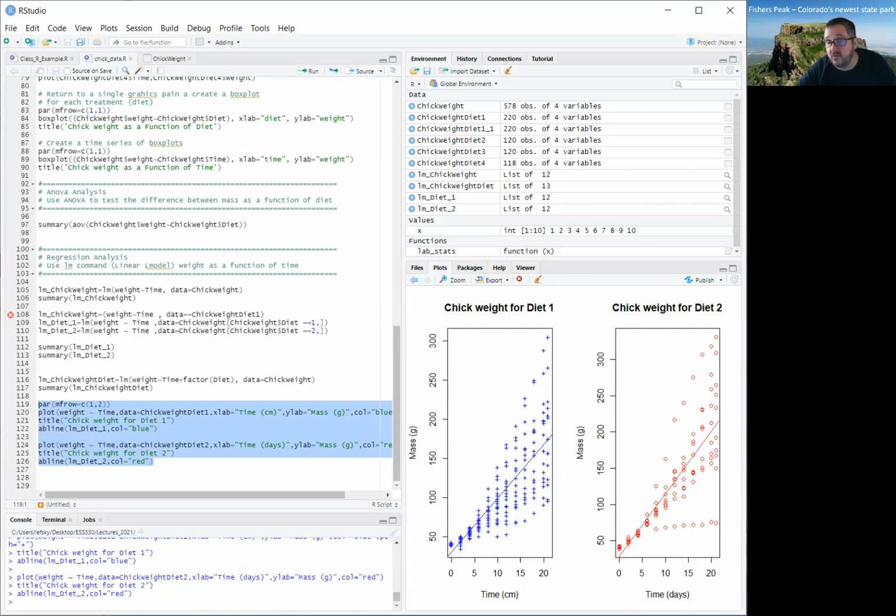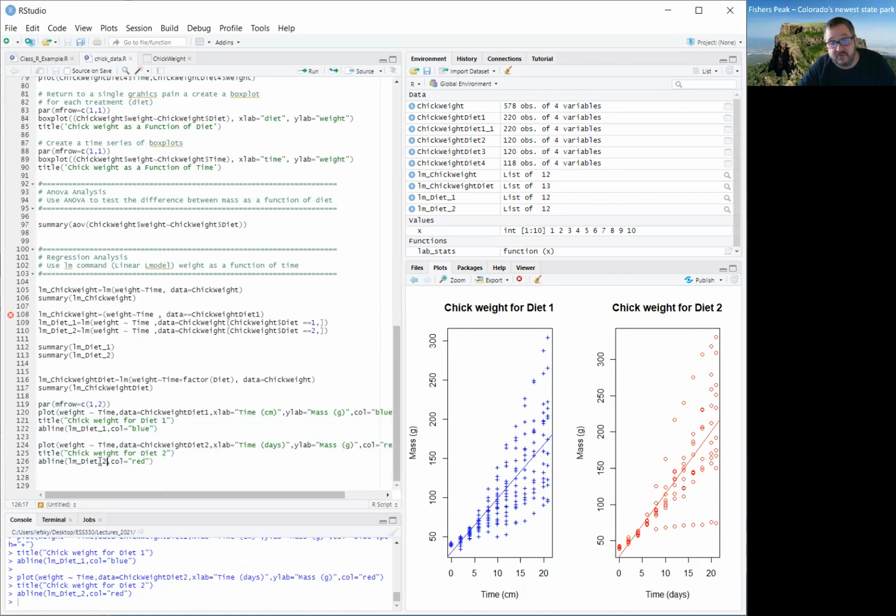Okay, so that is telling us that even when we separate out the chicken weight for diet 1, the chicken weight for diet 2 as a function of time, there's still a heck of a lot of variability in there. And the line in that case is the line that this abline is creating, either in blue or in red.